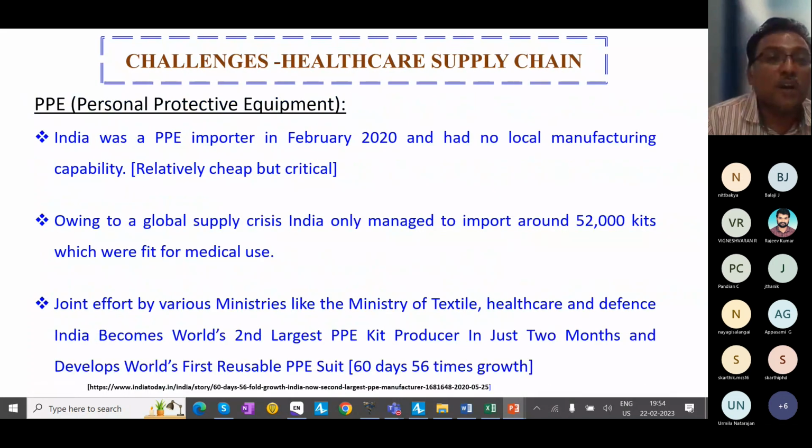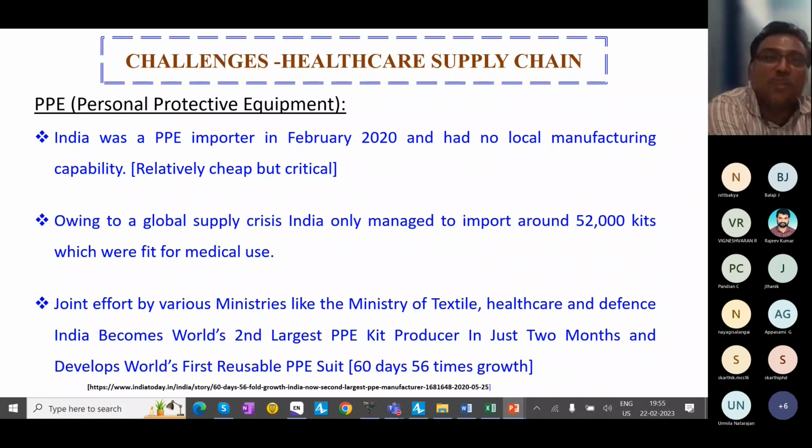And you all know that the first wave of COVID attacked by March 2020. At that time, February or March, PPE, I do not know how many of us knew about PPE. PPE was not common at that time, right? Even I was unaware of what a PPE is. Now, India was a PPE importer in February 2020, and we had no local manufacturing capability at all.